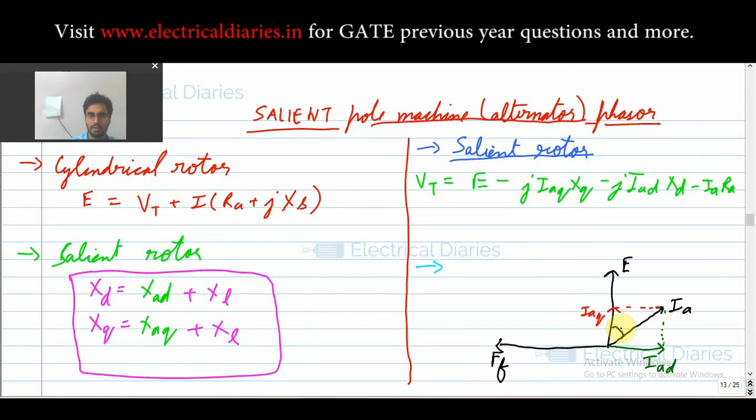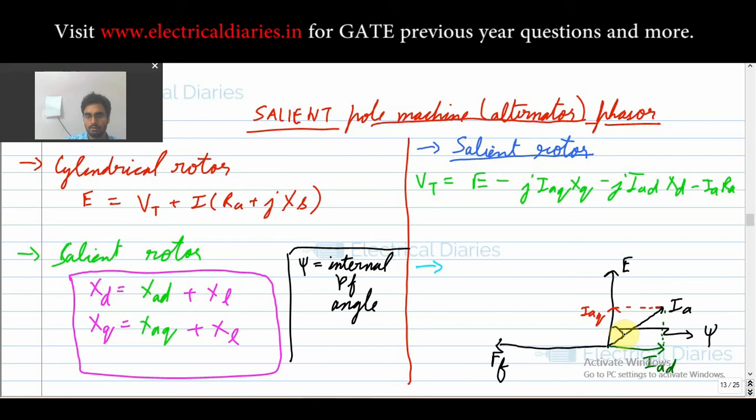So this is the basic. This angle is psi, where psi is your internal power factor angle. So IAQ, IAD, and this is your psi.